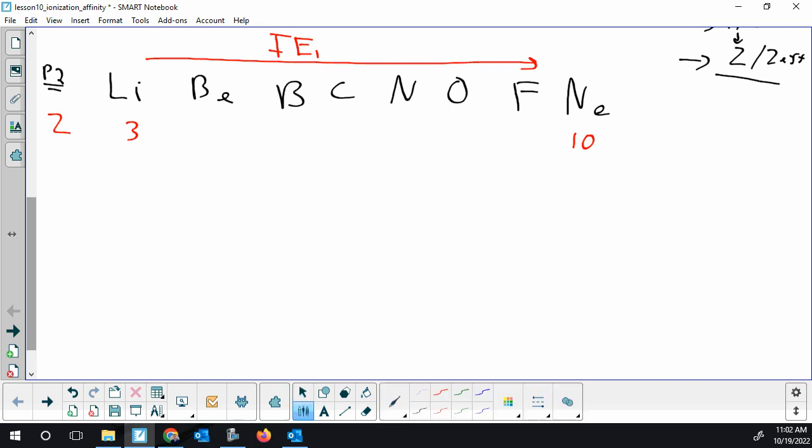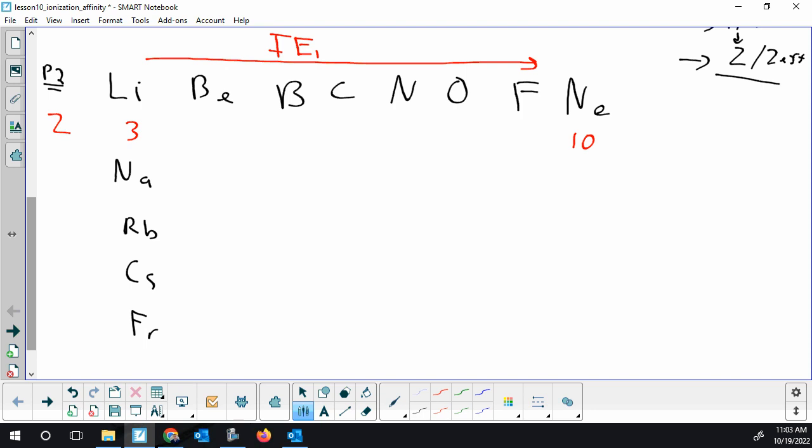We've got our period. We go down the group: lithium, sodium, rubidium, cesium, francium. Now we've got different energy levels. We're not going to focus on Z here. Lithium is the smallest, sodium is bigger, rubidium bigger, cesium bigger, and francium the biggest of them all.